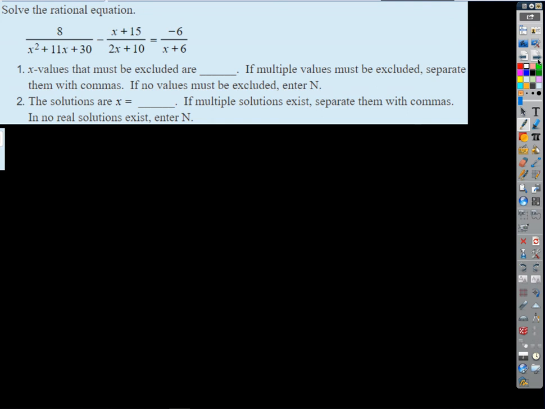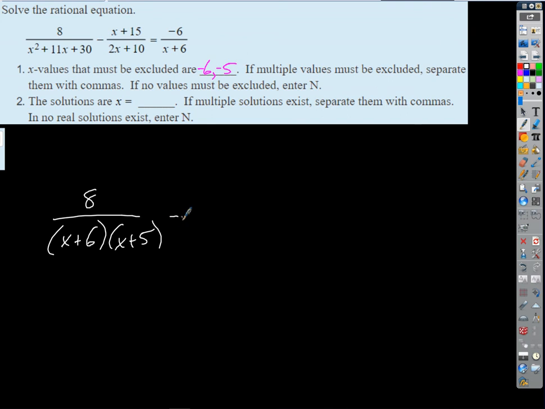Okay, so what do we get from our first term here? Factor the bottom. Okay, magic numbers are x plus 6, x plus 5. So right away we can eliminate -6 and -5, right?